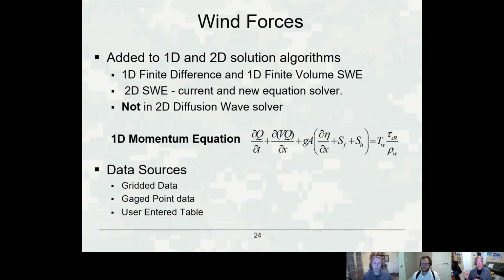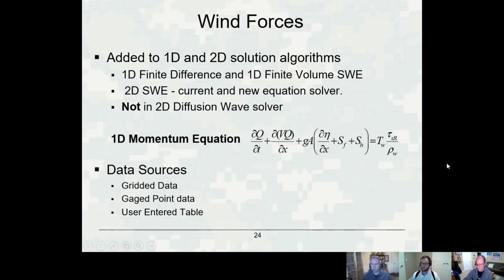We do have two shallow water equation solvers now. In previous versions there was only one, but there's a new shallow water equation solver that you might want to check out. It's a semi-explicit method and very conservative in solving the momentum, and it also can do wind capabilities.